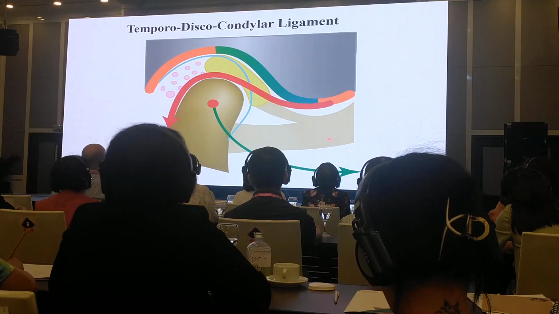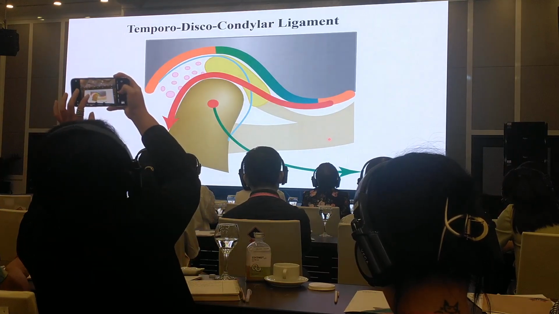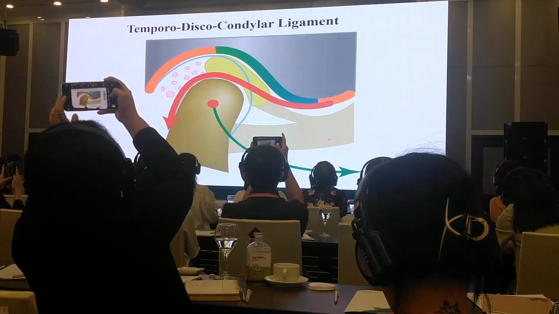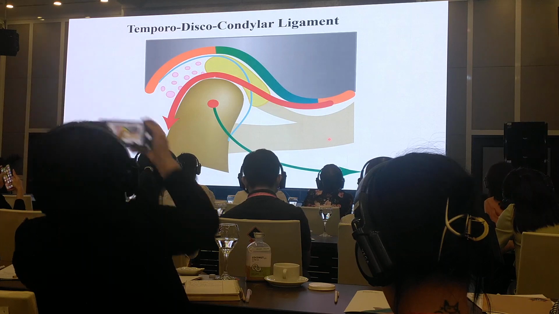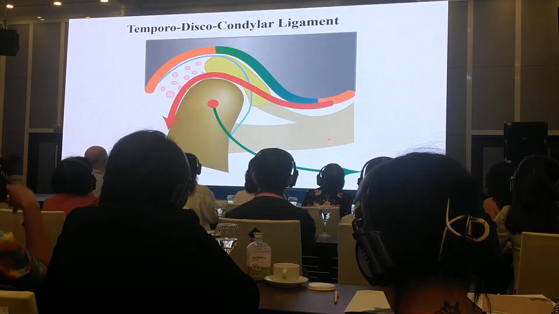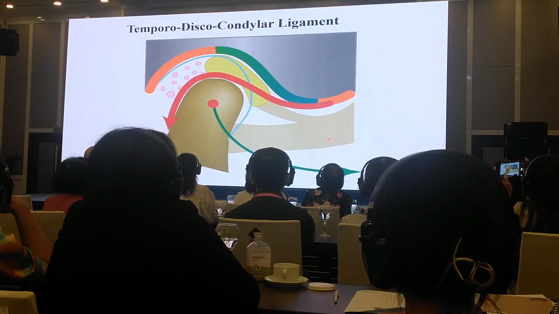And inside of the joint, if you see, this is what we call the temporal discocondylar ligament. From the temporal bone it goes through the disc, and this very strong collagenous fiber attaches to the behind of the condyle.